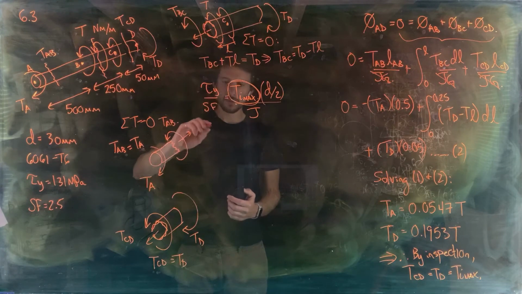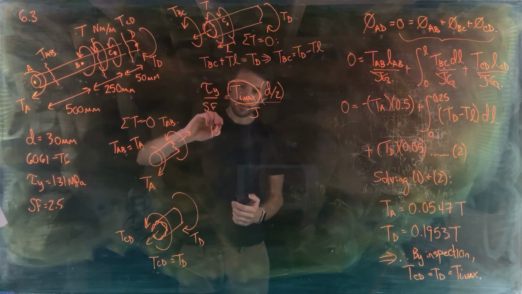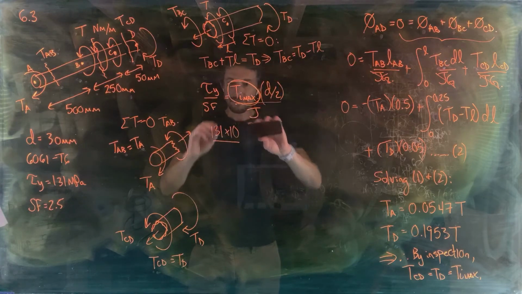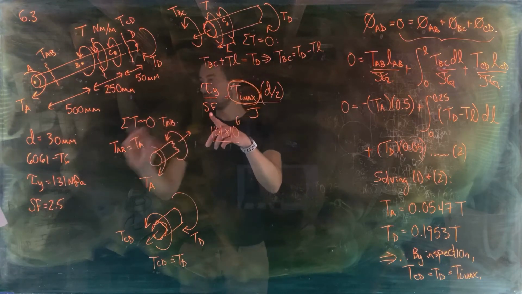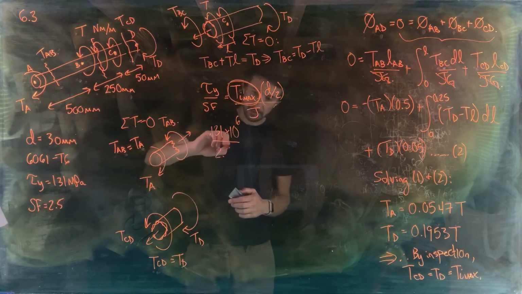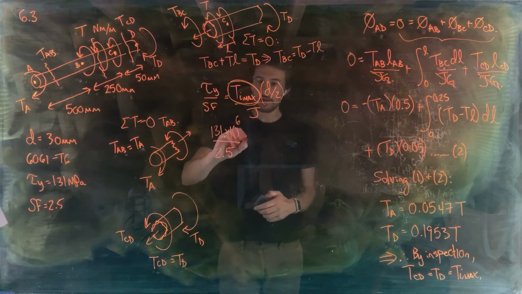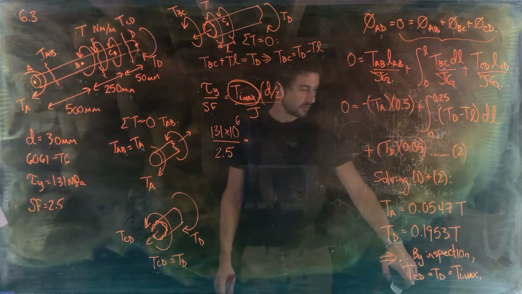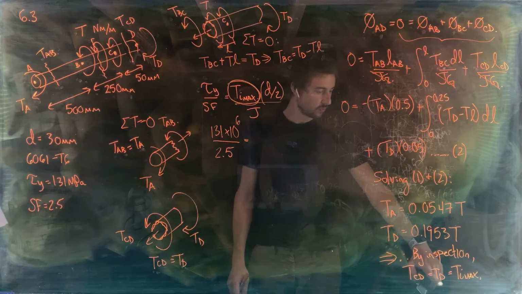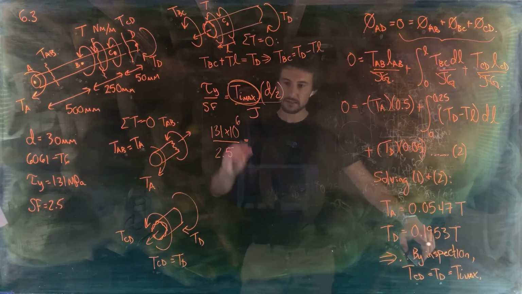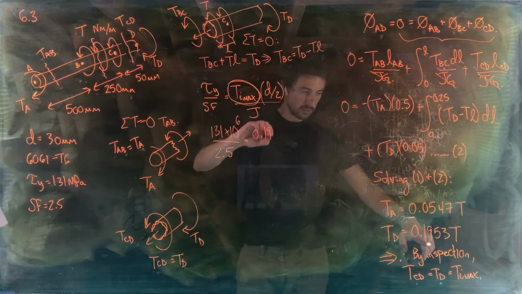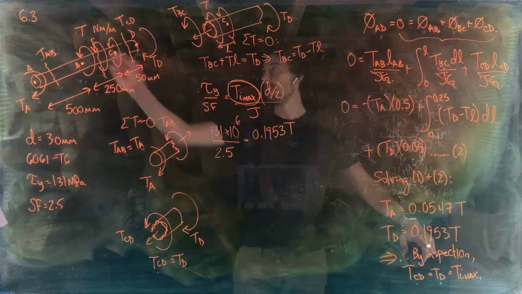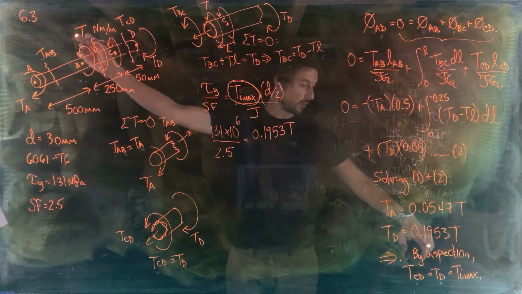131 megapascals was τ_Y. So we've got 131 times 10 to the 6. Our safety factor was 2.5, so we're putting 2.5 there. Maximum internal torque is T_CD, which is equal to T_D, and T_D is 0.1953 multiplied by our value of the distributed torque t.